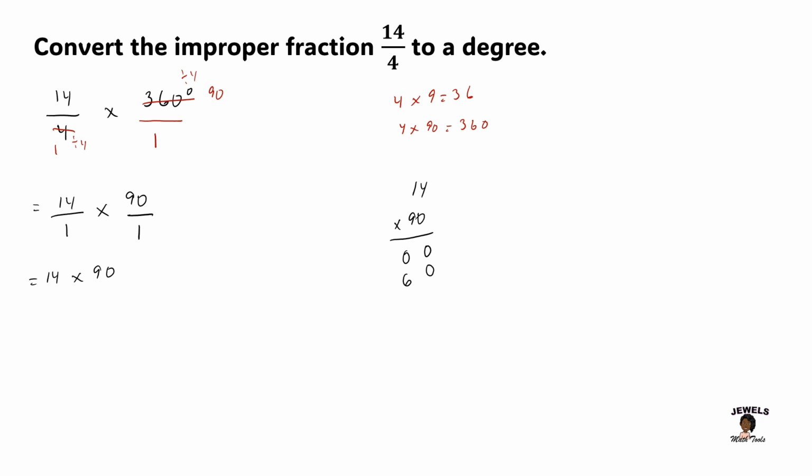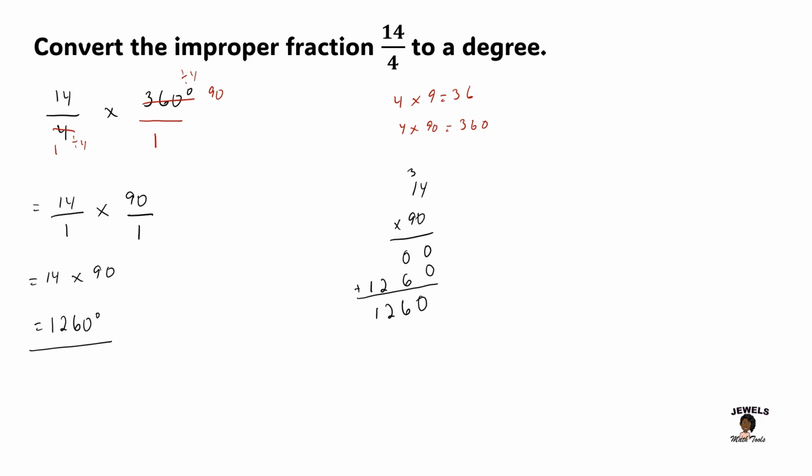I'll put my 6, carry the 3. 9 times 1 is equal to 9, plus 3 will equal 12. And when we sum all of these numbers together, we're going to get 1,260 degrees.